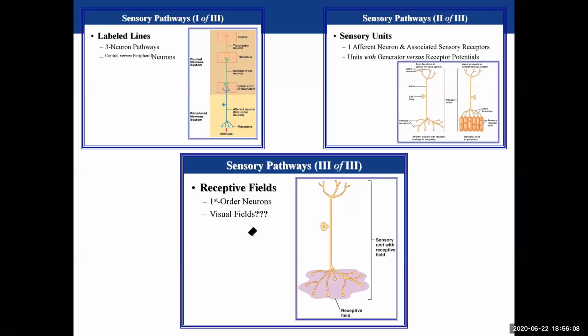Now, what is important for the receptive field is this: this is the entire surface area of the skin, for example, right? So if you have a stimulus here and a stimulus here and a stimulus here, even though the three stimuli come from three different areas on the surface of your skin, your brain will not be able to distinguish them as three different stimuli coming from three different areas.